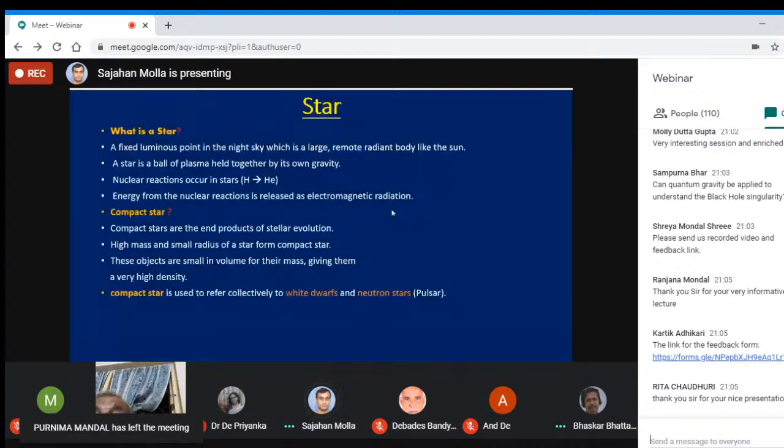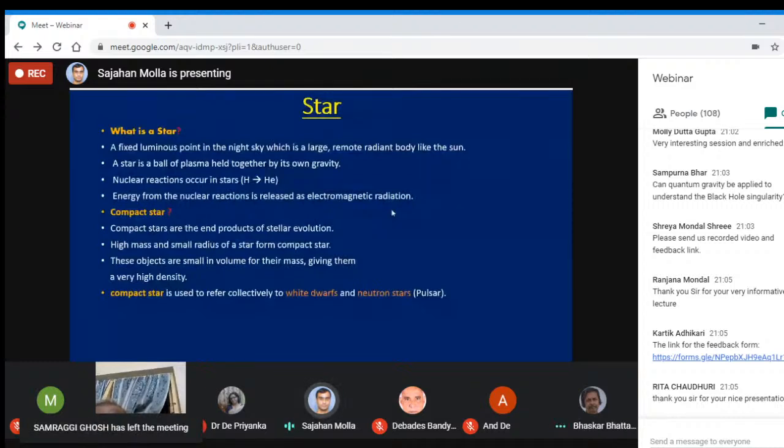In the star, we already know the plasma is held together by its own gravity, and in the interior hydrogen is always converted to helium, and due to nuclear reaction electromagnetic radiation always comes out from the star. And I want to give the concept of a compact star.